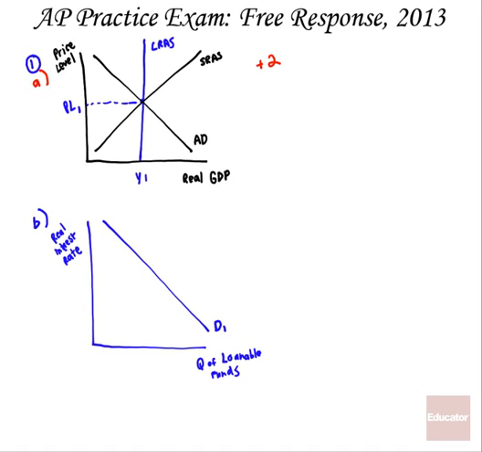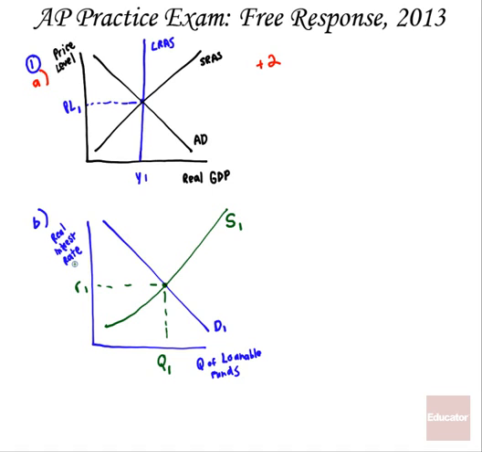Label this as D1. But you also have the supply for loanable funds. So here's R1 here, and this is Q1. So you get 1 point here just for drawing the correctly labeled demand, supply, quantity of loanable funds, and real interest rate.